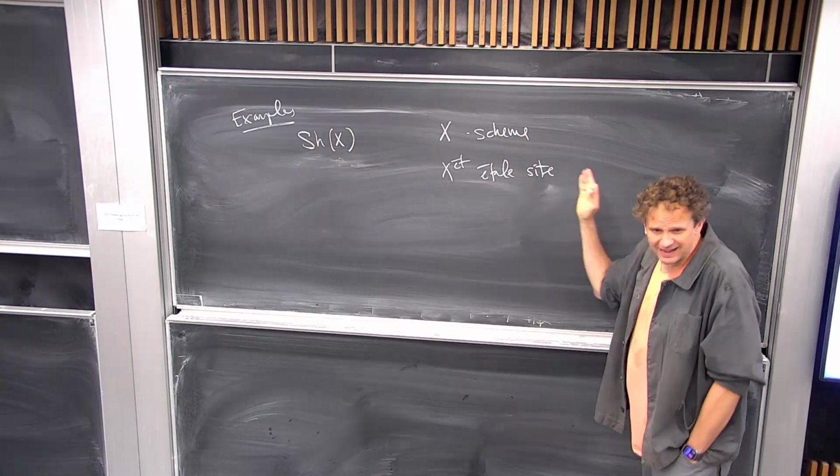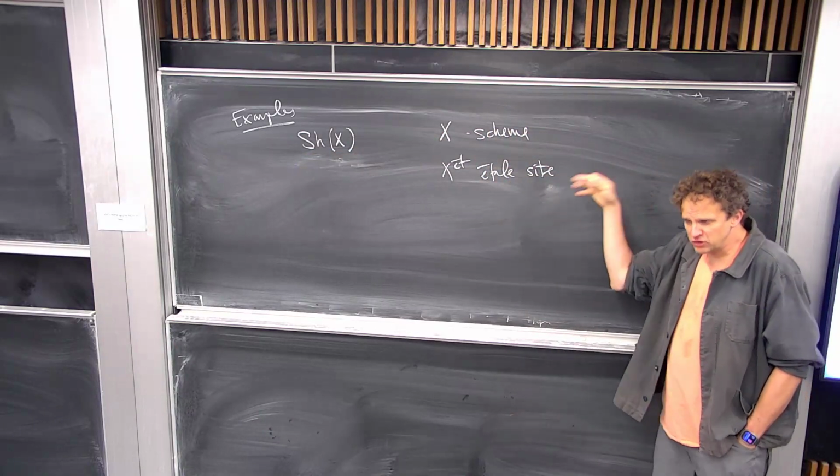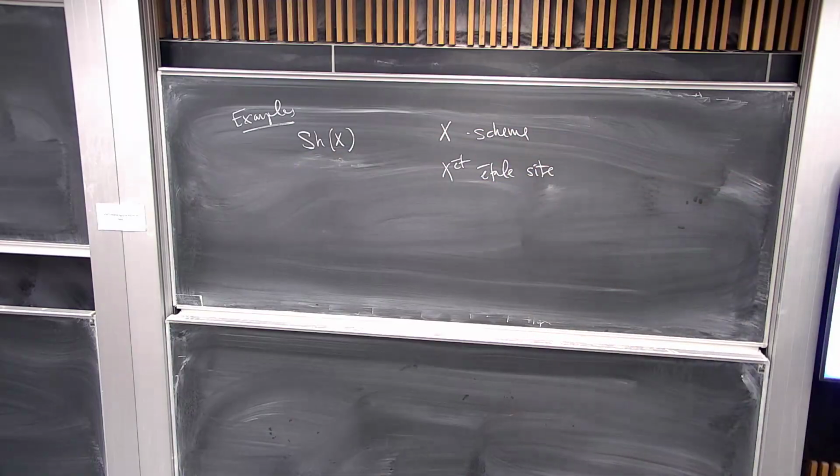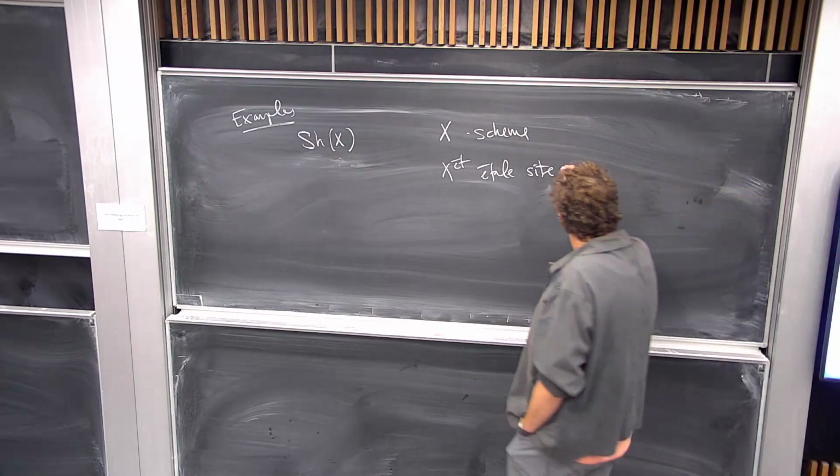And again, I will actually give you a different way of thinking about the topos attached to the Atoll site. I'm not going to tell you precisely what the Atoll site is unless you really insist. But the basic idea is the following.